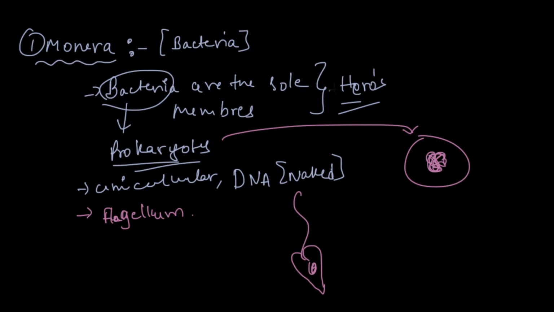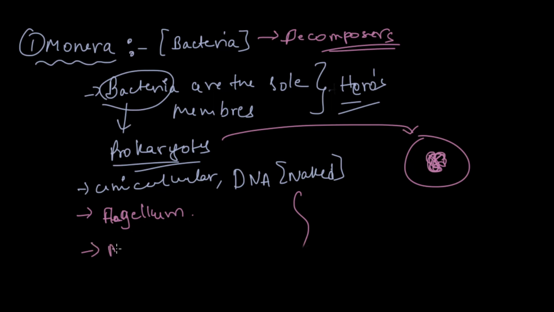Euglena does not belong here, but yes, that is flagella. It helps in locomotion. Next, environmental decomposers. They decompose dead and decayed matter and clear the environment, so they are also called scavengers of the environment.